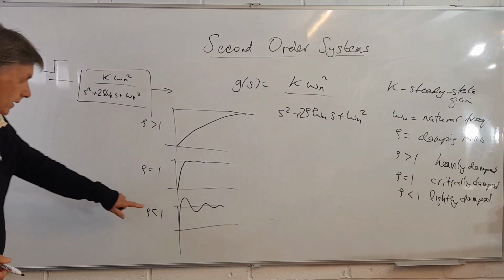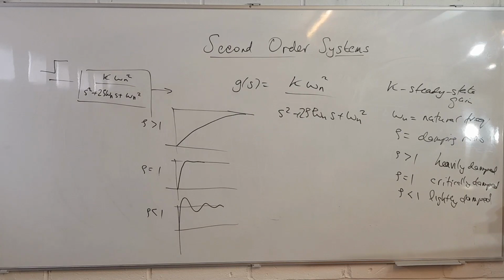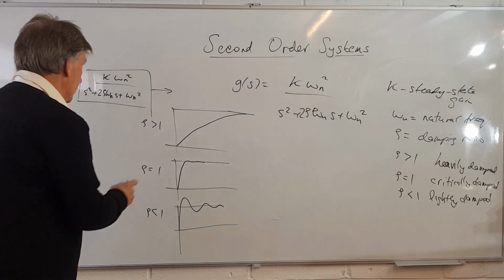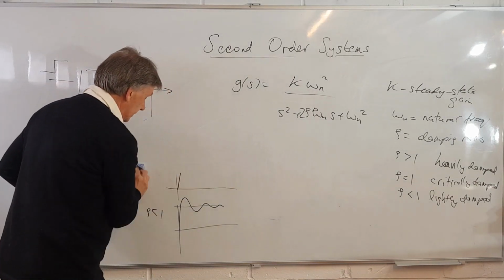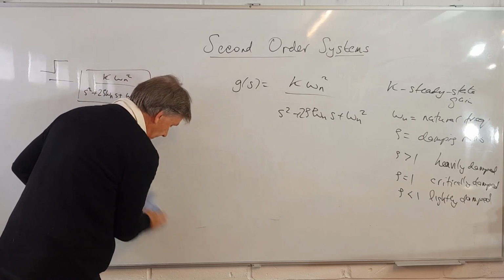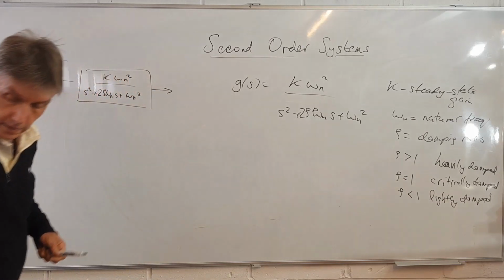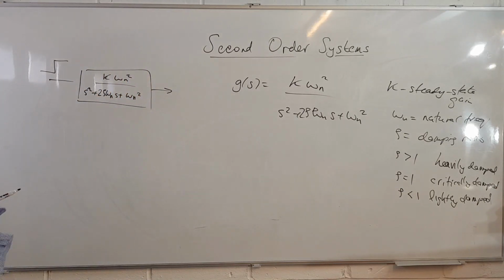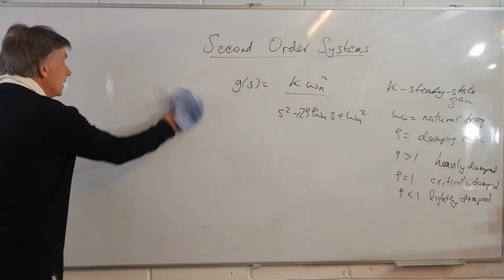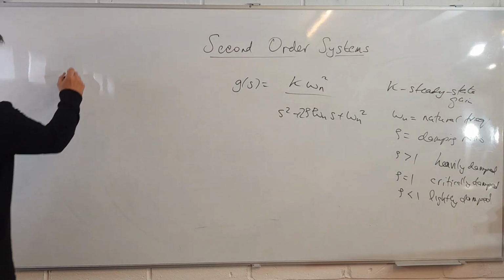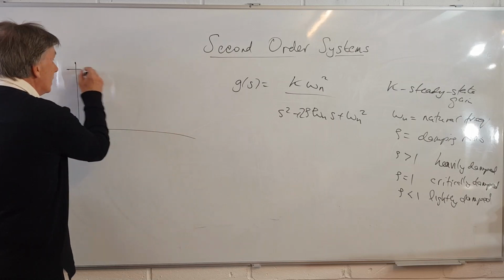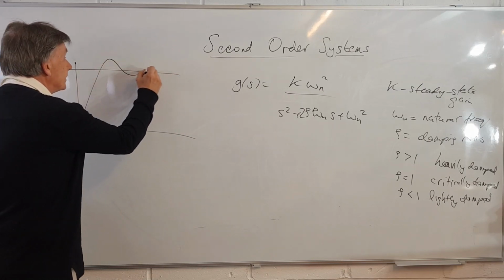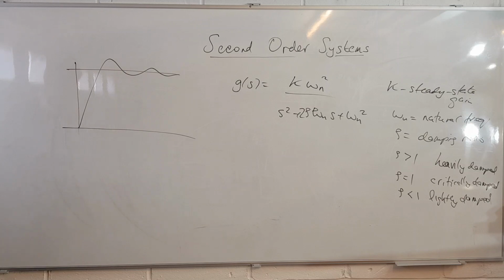Now, associated with the lightly damped case, there are some equations that we have to know as well. I'm just going to put the equations down for you. If we think the transient response might look something like this, we can now characterize the response shape by a number of key equations.